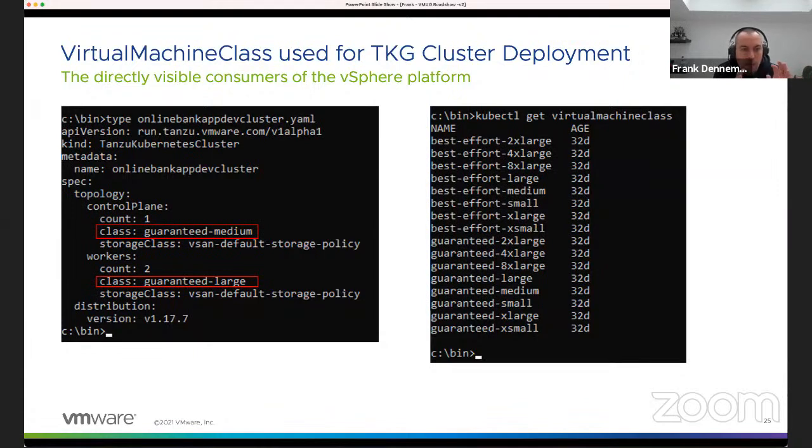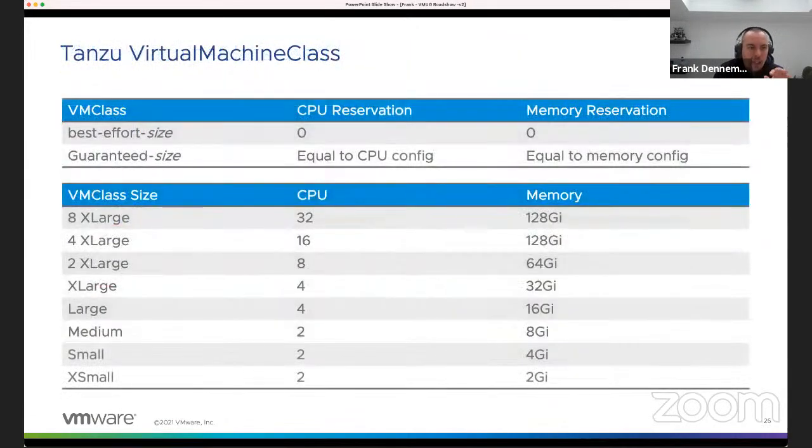Now, when we talk about virtual machine classes, there are actually 16 different virtual machine classes. Now, let's zoom into that a little bit more. So here you have two types of classes. You have the best effort class and the guaranteed class. Now, best effort basically says it all.